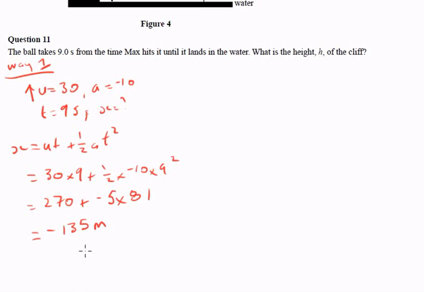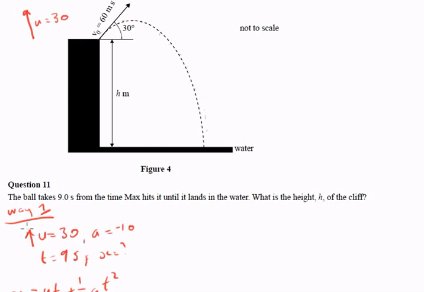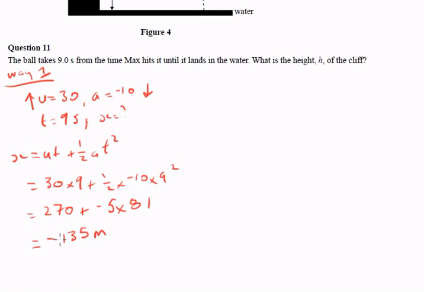What the heck does that mean? How can you have a negative distance? It means that we chose our initial speed, which is going up, to be positive, and acceleration, which was going down, to be negative. So anything up is positive, anything down is negative. And we've got a negative 135.